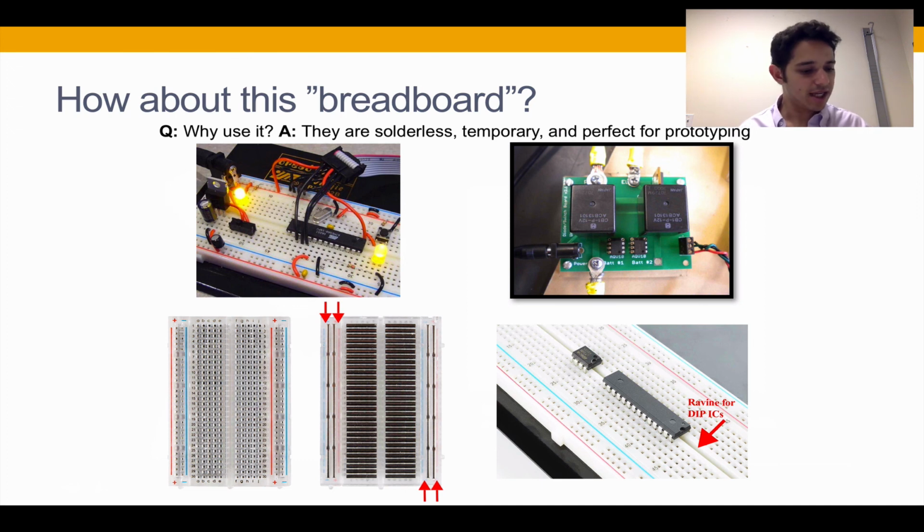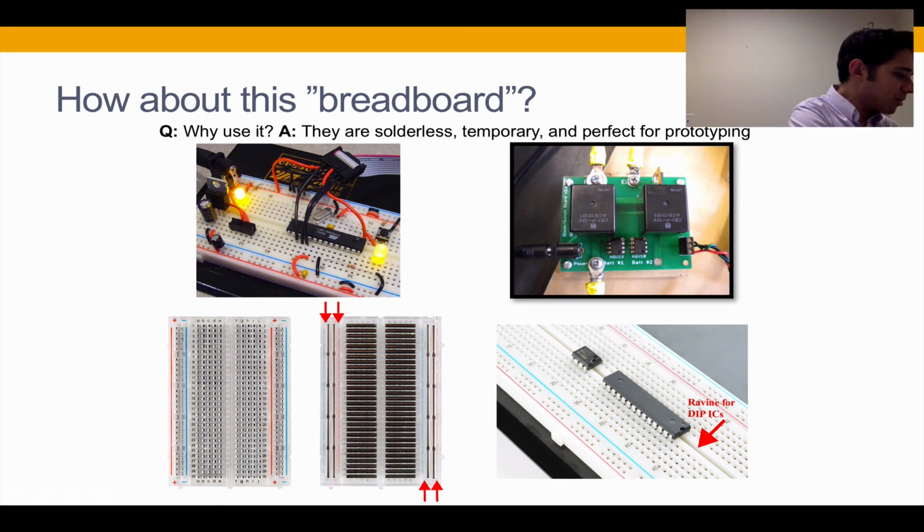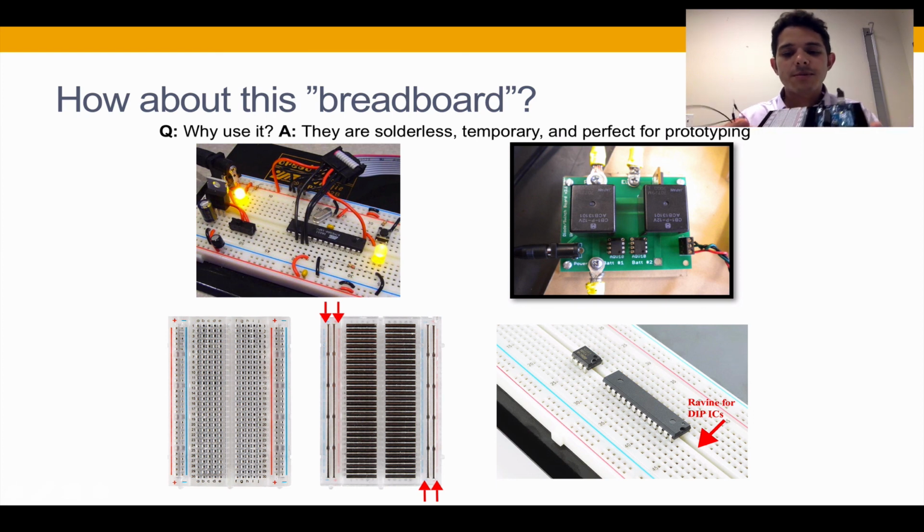What you can do is feed ground and 5 volts onto those rails. And you'll notice that all the pins along these vertical rails are connected. That's very clear here in this picture, where you can see there's a conductor that connects all the pinholes on these vertical rails.